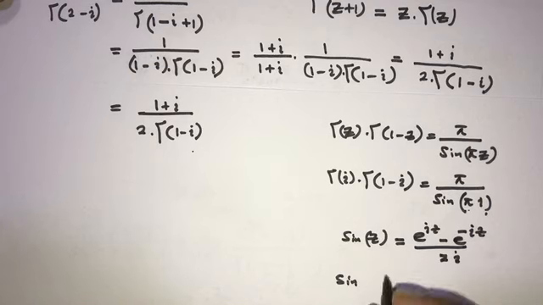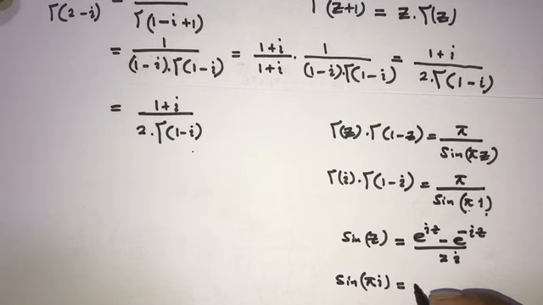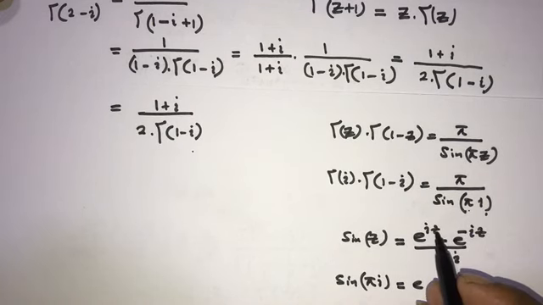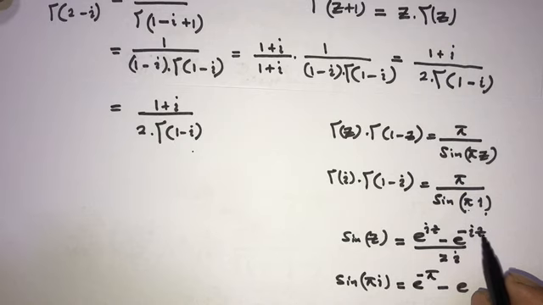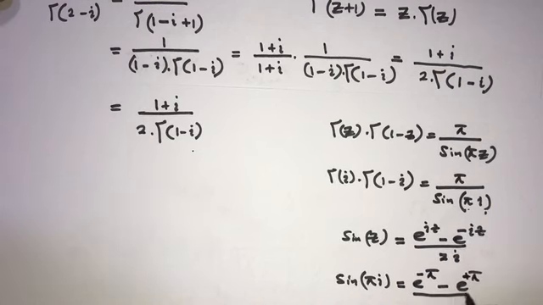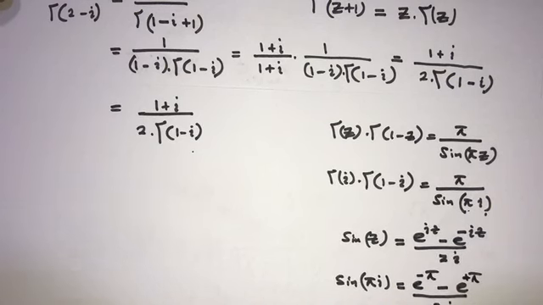So sine of 5i is equal to e to the 5i squared, so minus 5, minus e to the, now z is equal to 5i, so 5 times i squared, so minus, so plus 5, over 2 times i.